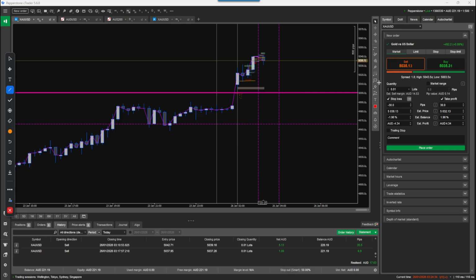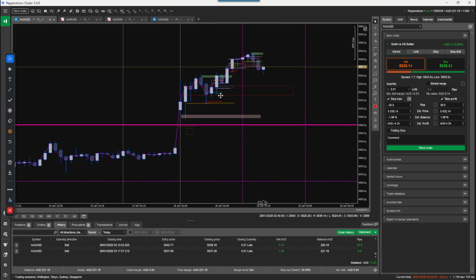I'll flick across. Let me put another box on there. I want to go long here in this box on the 15 minutes. So on my entry, I'm going to go looking for my entry. Okay, so I can tighten this up here a little bit and move this in here. And then I can go to here like that and go, right, okay. When price hits that, I'm going to get in.